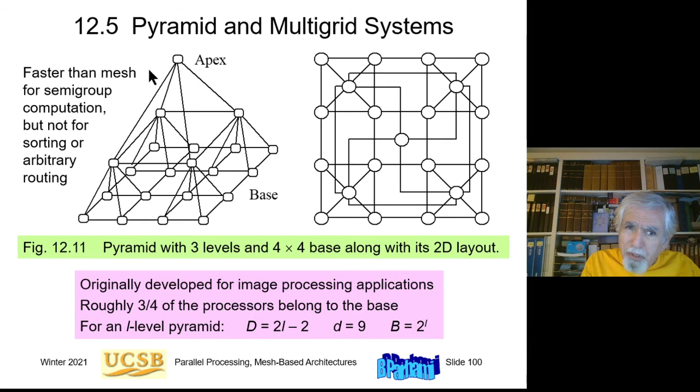So this is log plus log, 2 log m, so it's logarithmic latency. But on the other hand, if too many of these long distance communications are performed, then the apex becomes a bottleneck and messages will be delayed.